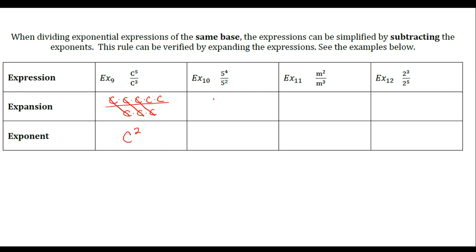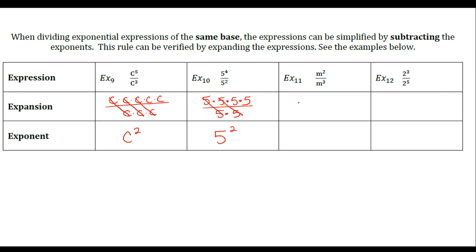Number 10, we have 5 times 5 times 5 times 5 divided by 5 squared, which is 5 times 5. Again, you can see these pairs cancel out, leaving us with 5 squared. Again, you may see a pattern developing.